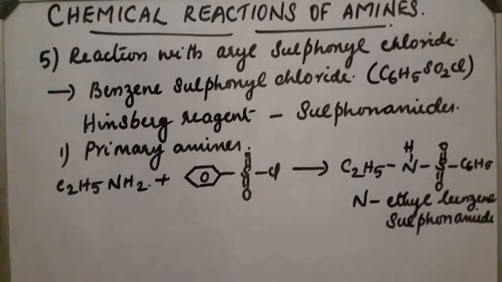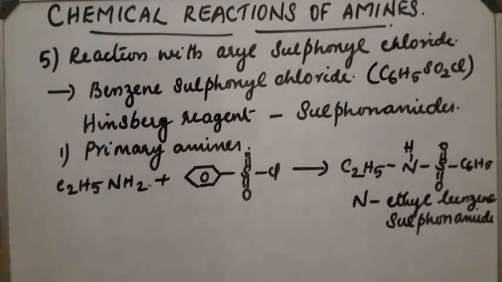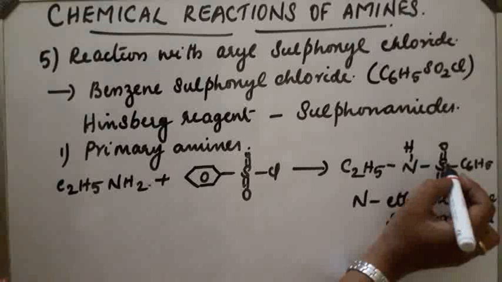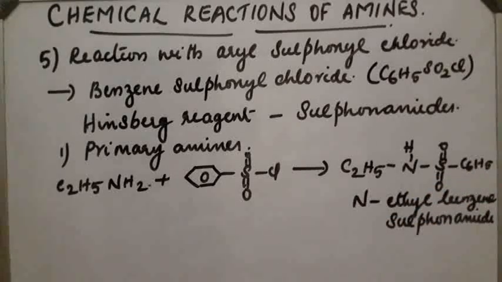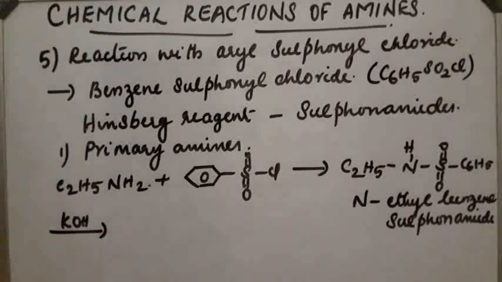Since this SO2 group, this sulphonyl group, is highly electron withdrawing, the hydrogen will be acidic in nature. So on reaction with alkali KOH, this hydrogen atom is replaced by K plus, due to the presence of the sulphonyl group, which is highly electron withdrawing.